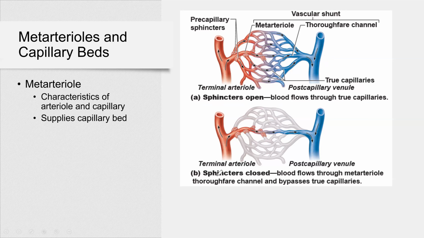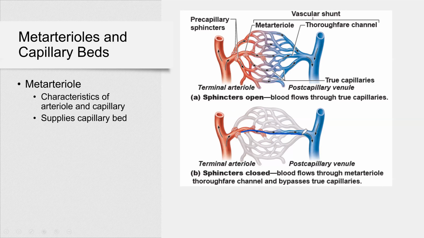Now, when sphincters are closed, you see this sphincter is closed, this sphincter is closed. So all of these precapillary sphincters are closed, then blood cannot enter those true capillaries. So it's going to flow through the metarteriole. And this thoroughfare channel, I just call it metarteriole.